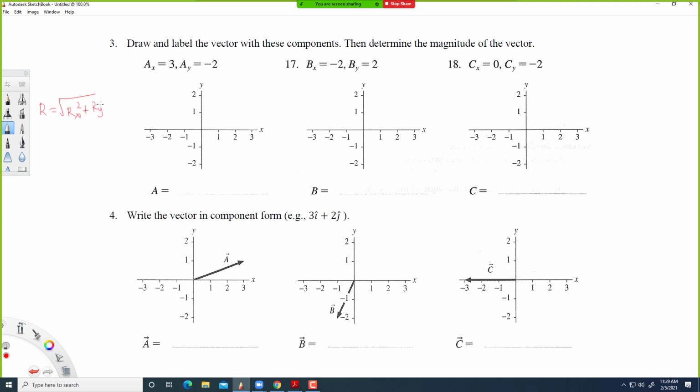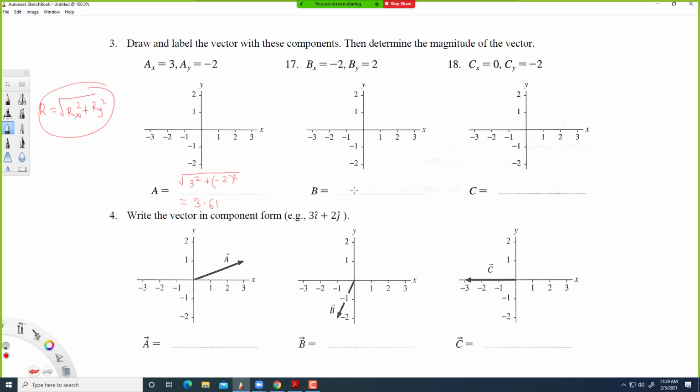This applies to all these figures. So just do the square root of 3 squared plus negative 2 squared. Whenever you have a negative sign, do not forget to put the parenthesis, otherwise you will not get the right answer. So that will give us 3.61.